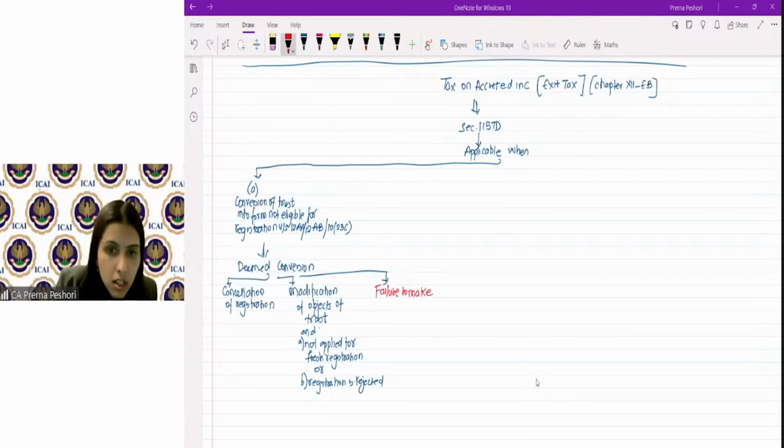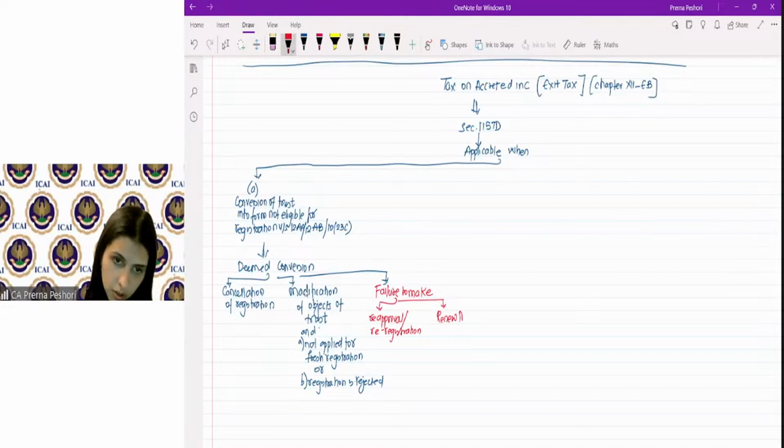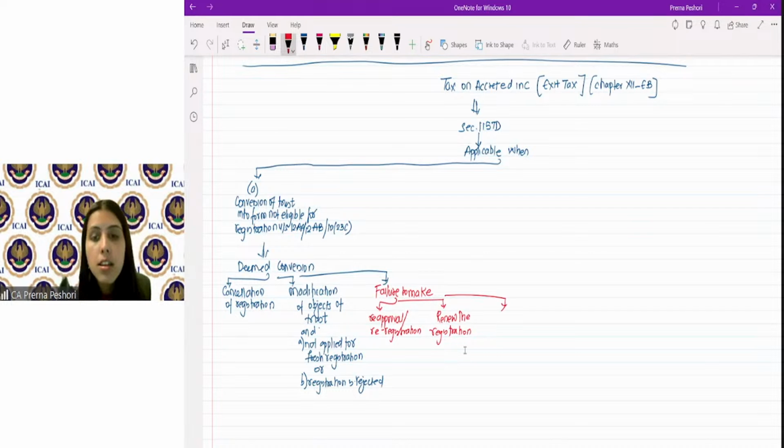Failure to make reapproval or re-registration or renew the registration where the registration is due to expire, or the final registration: failure to make an application for final registration where the provisional registration has been given.